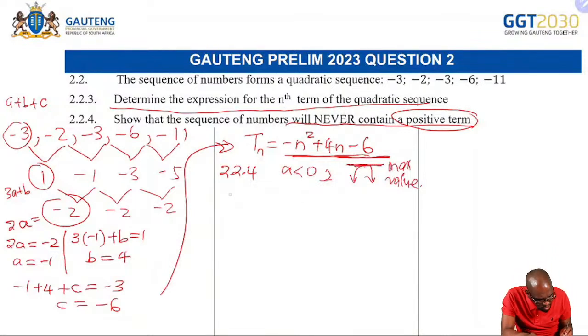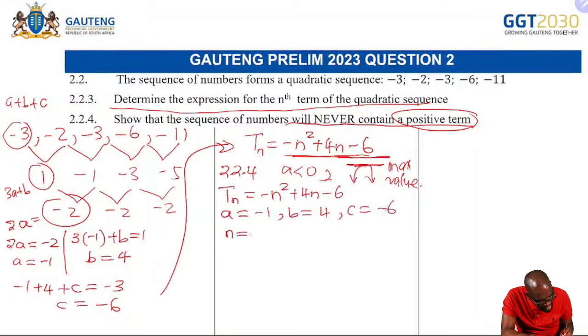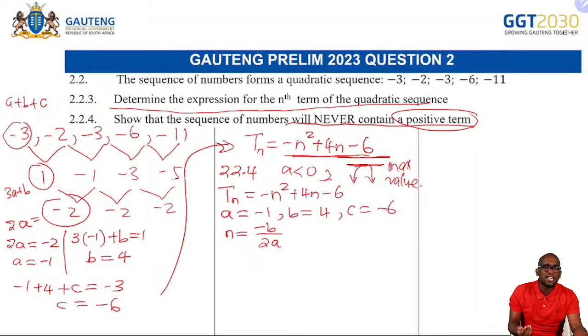So since I have that Tn is equal to minus n squared plus 4n minus 6, I see that a is negative 1, b is 4, c is negative 6. So I can use n equals minus b over 2a. That is the equation for the axis of symmetry.